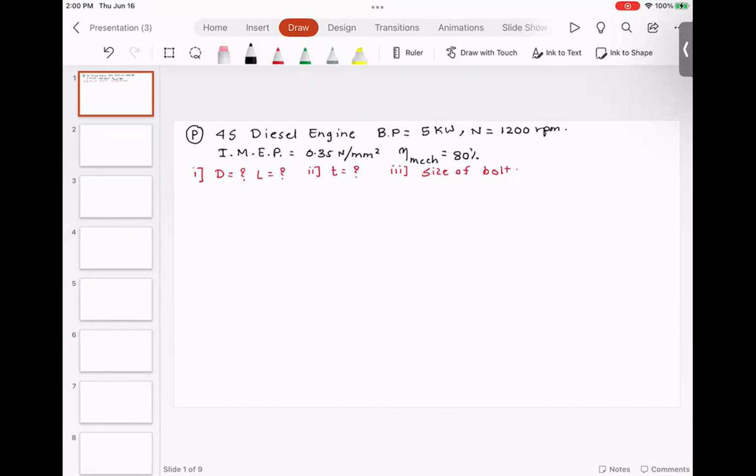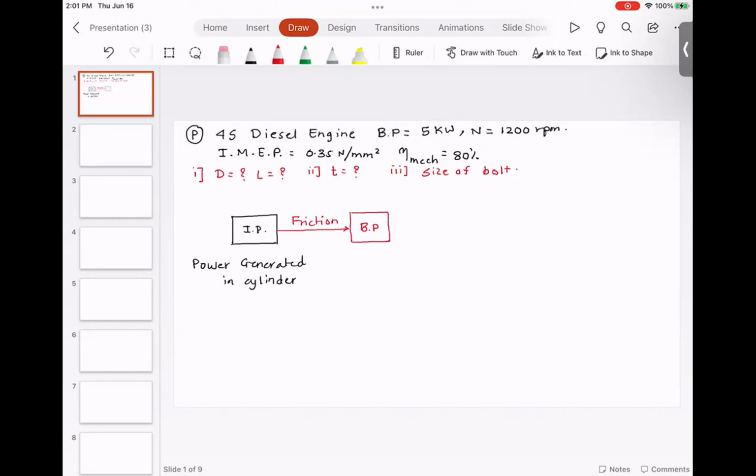So let's quickly recap. Indicated power is IP. This is the power generated in the cylinder. Then there are friction losses, and what you have is the brake power.